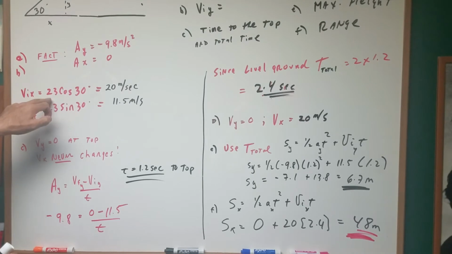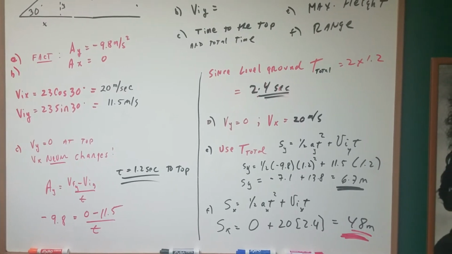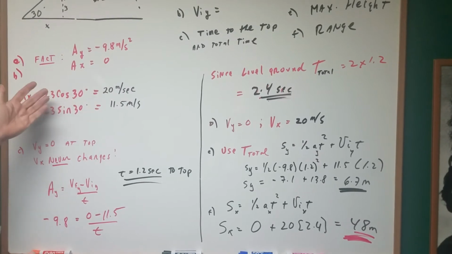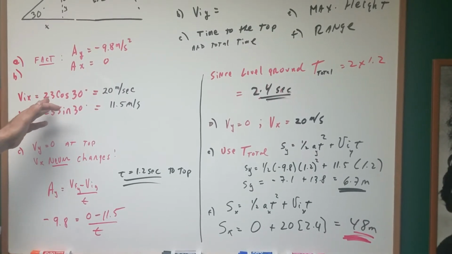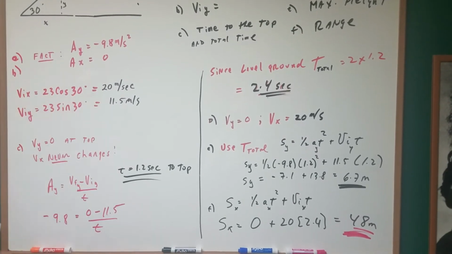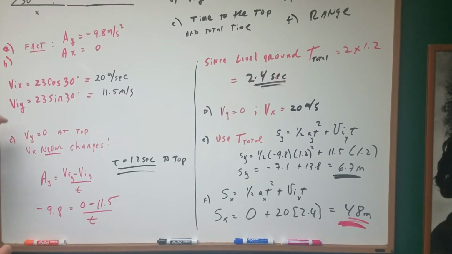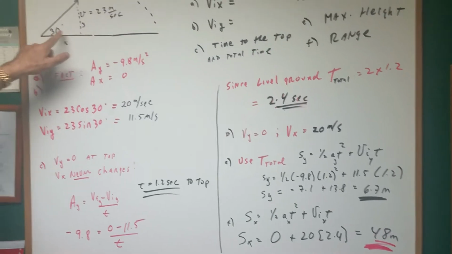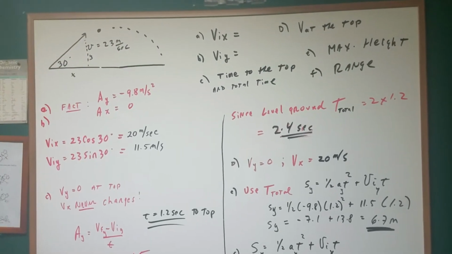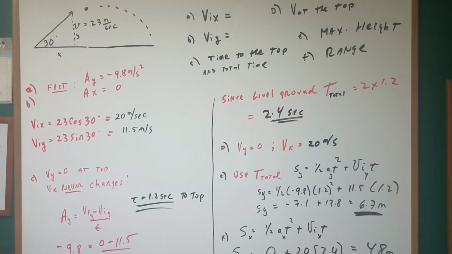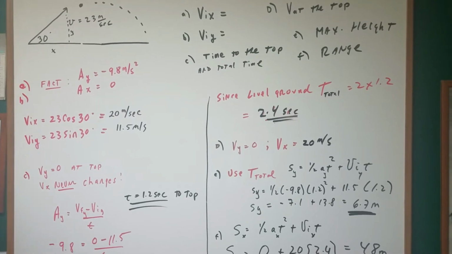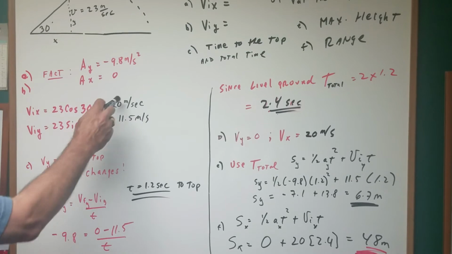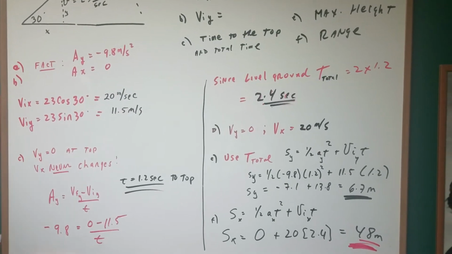So the initial velocity in the x direction is 23 times the cosine of 30 degrees, which is 0.87. That'll be provided on the OAT exam. And we get 20 meters per second for the velocity in the x direction. The y-axis is opposite the angle, so we're going to use sine. 23, sine of 30, we all know is a half, so you get 11.5 meters per second. So these are your 2 velocity components.